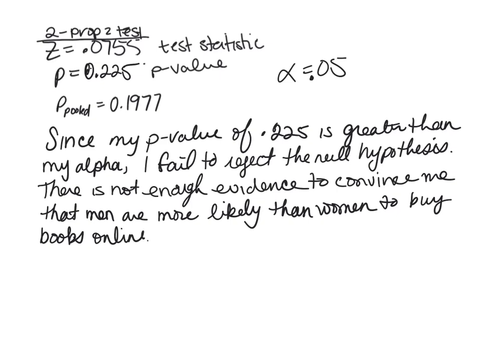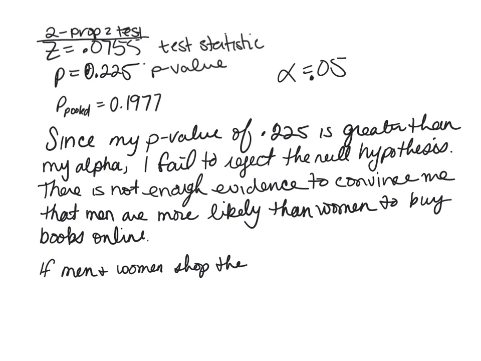So that's our conclusion. Now our p-value interpretation is a separate sentence. That's if our null hypothesis were 0, right? So if the difference is 0, if the shopping preferences are the same, right? That's our null hypothesis, that men and women shop the same for books online. So if men and women shop the same for books, and that's just me kind of rewording it.